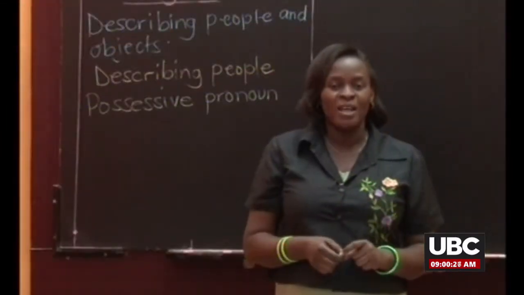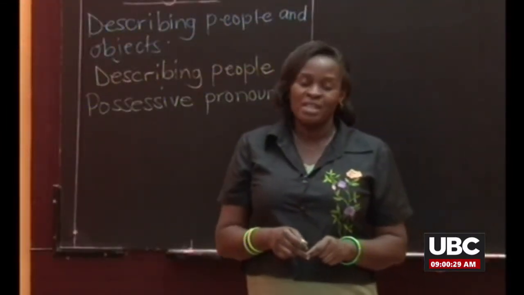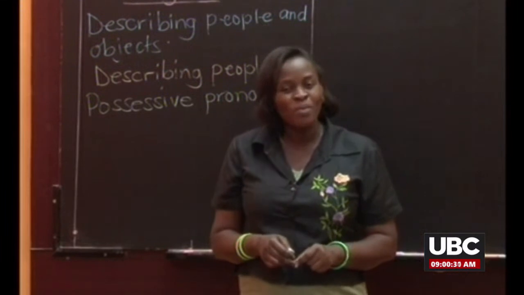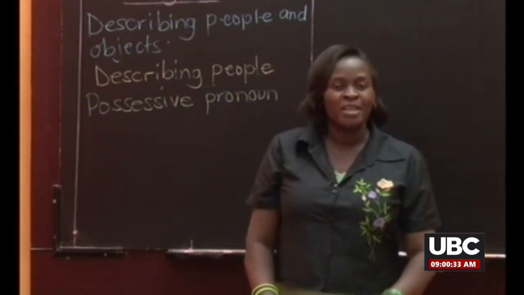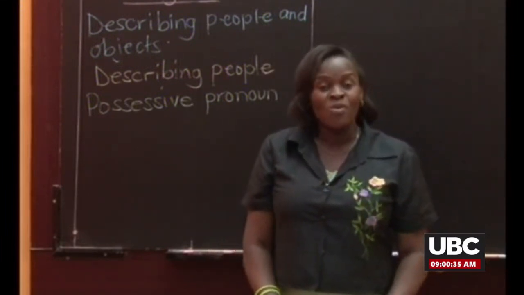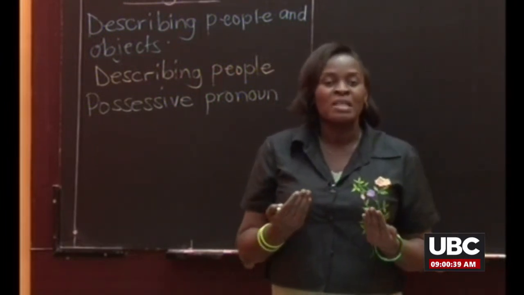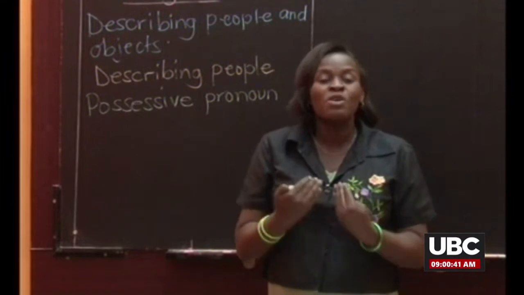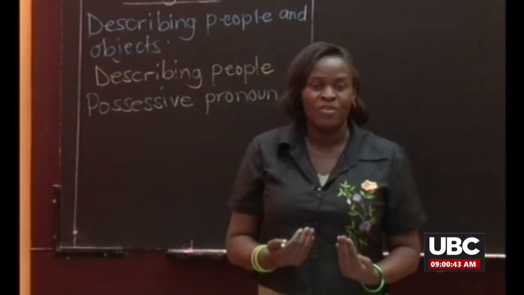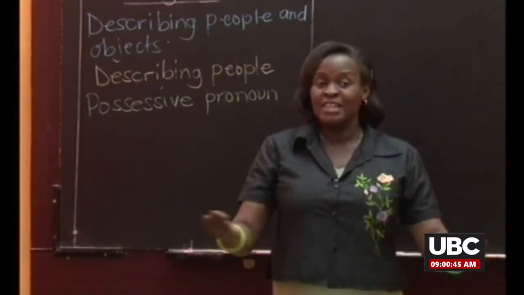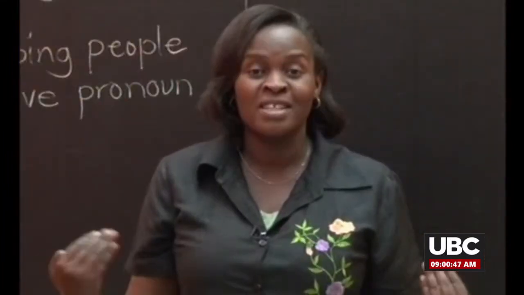And in our case today, we are looking at the possessive pronoun. What do we mean by a possessive pronoun? We are going to talk about the pronouns which bring up something which belongs to somebody. For example, if I say, this is my school, or if I say, the school belongs to me.